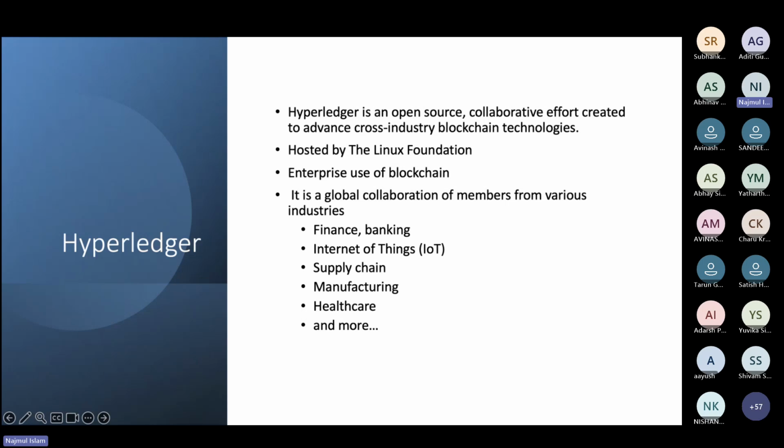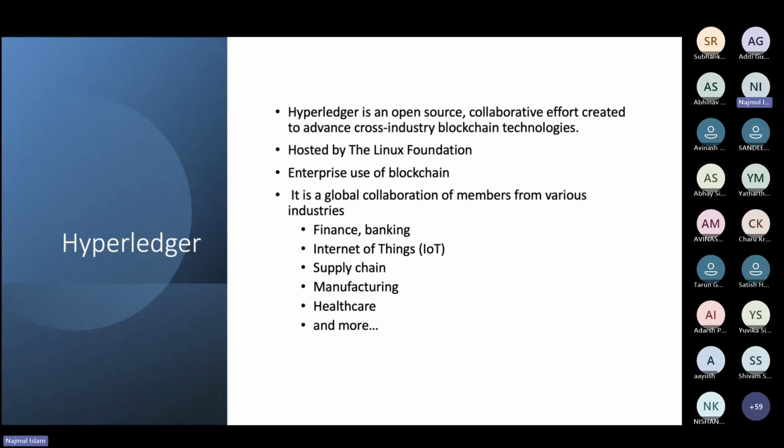Just a second. Okay. So Hyperledger is another development platform, and it is an open source collaborative effort created to advance cross-industry blockchain technologies. And it is hosted by the Linux Foundation.